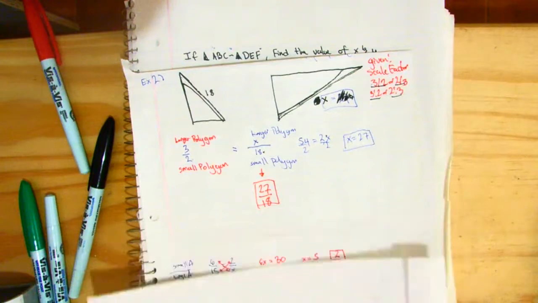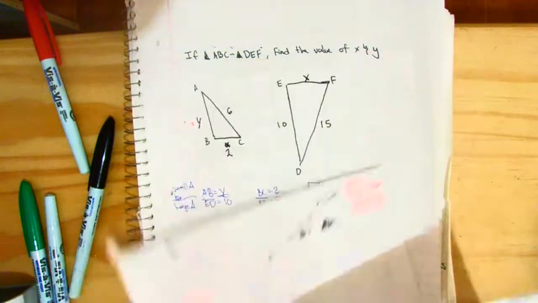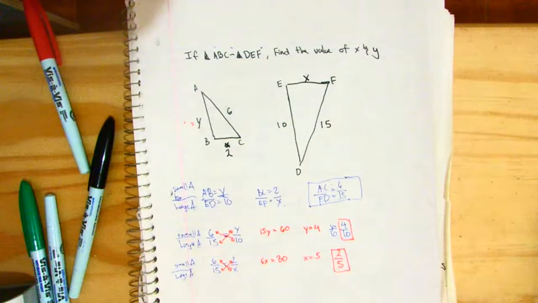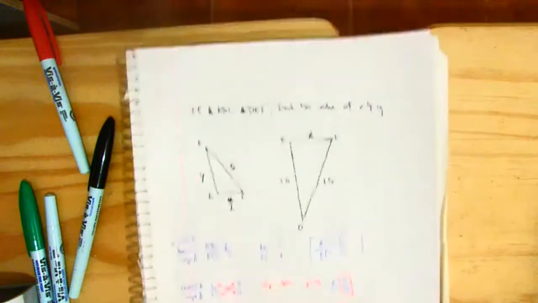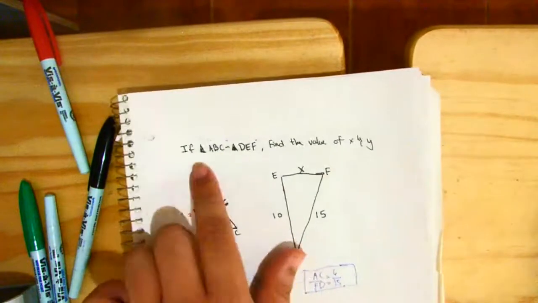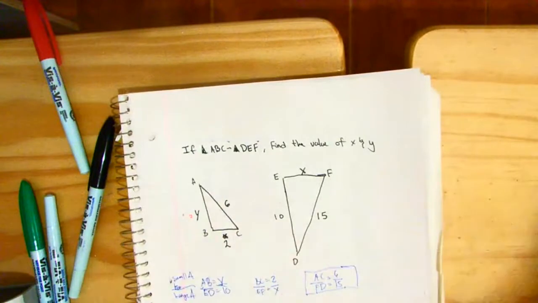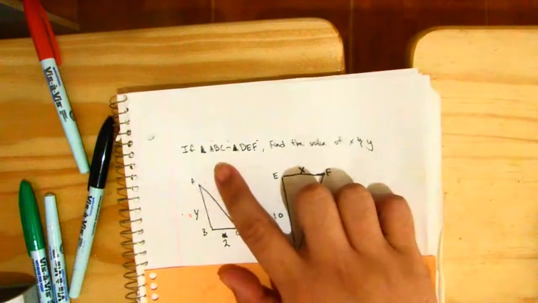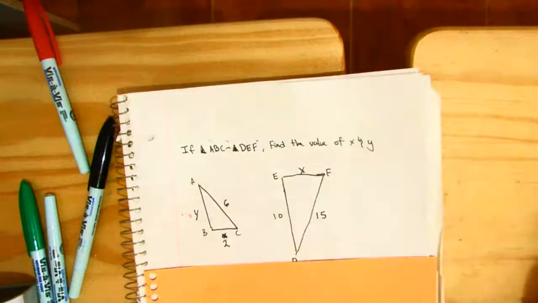Going on to the next one. This one here, it's given to us that triangle ABC is proportionate to triangle DEF.